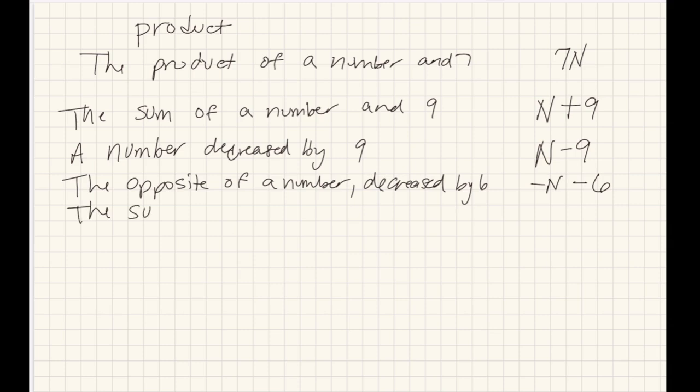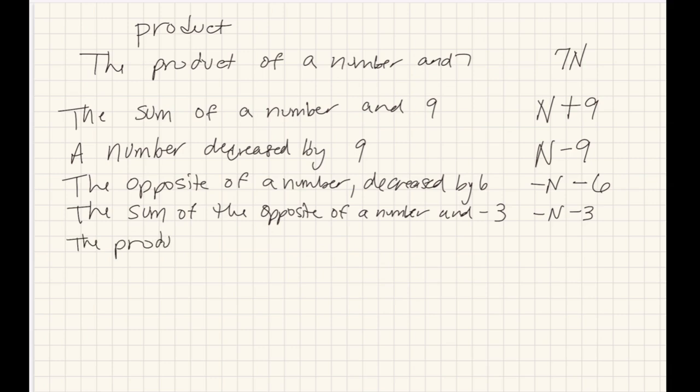The sum of the opposite of a number and -3 would be negative n minus 3. Good job.